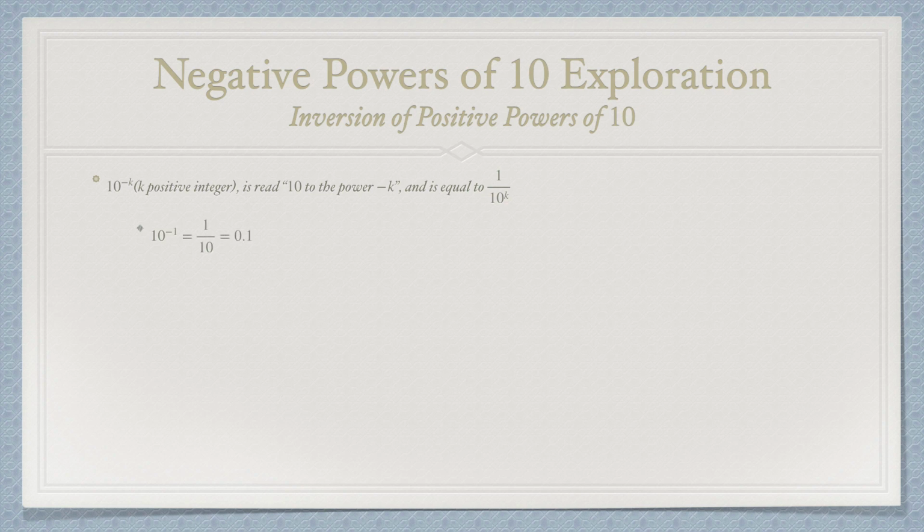For instance, 10 to the power minus 1 is 1 over 10, that is 0.1. 10 to the power minus 2 is 1 over 100, that is 0.01. 10 to the power minus 3 is 1 over 1000, that is 0.001.